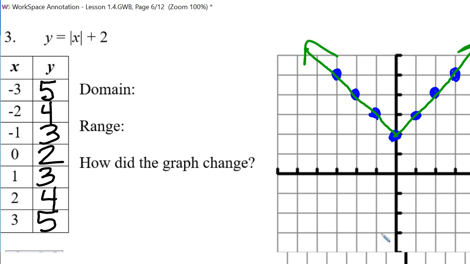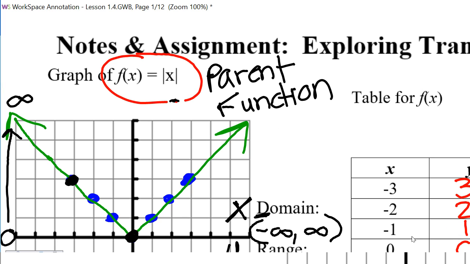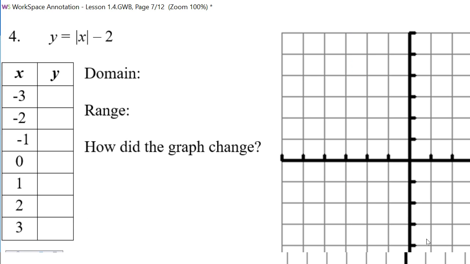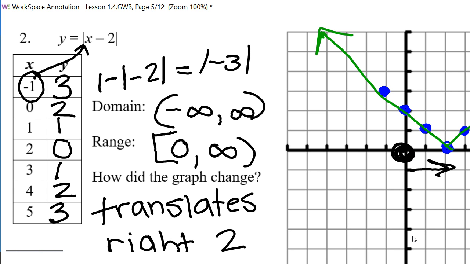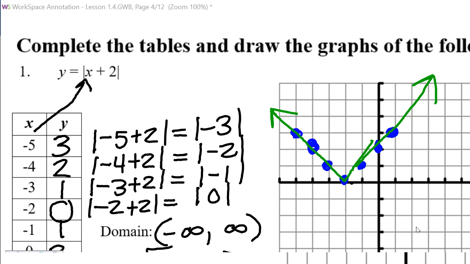Now for the domain, let's look all the way back to the beginning. What was the domain for the parent function? Negative infinity to positive infinity. Look at number 1. What was the domain for number 1? Same thing. Negative infinity to positive infinity.